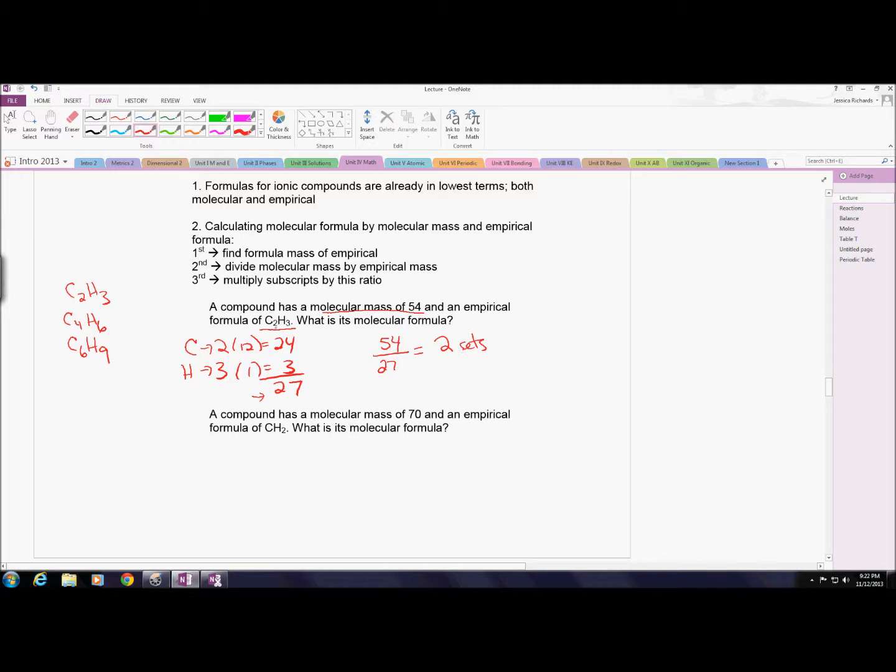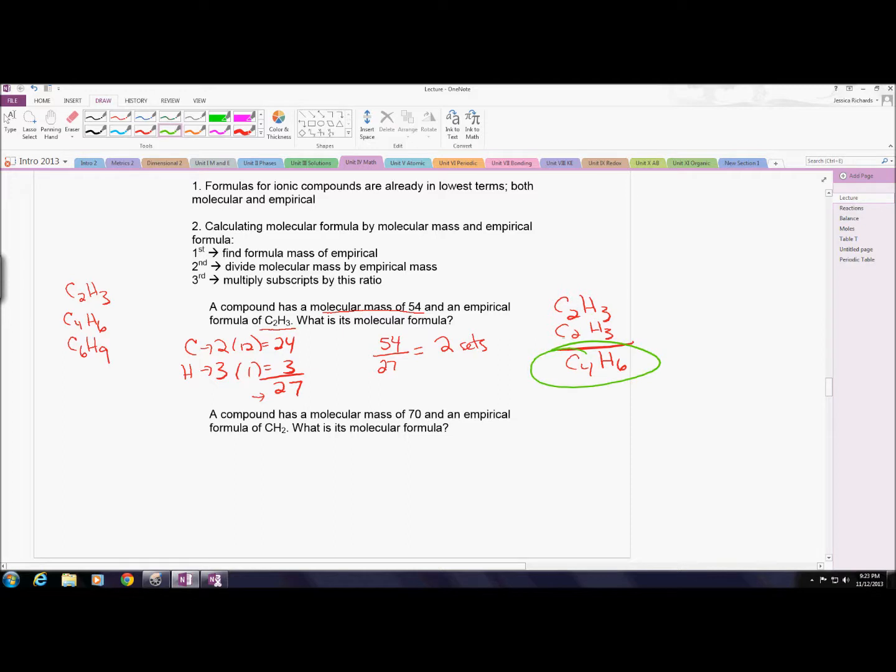This multiplies the ratios, because if I have 2 of these C2H3 units, so that I get a total mass of 54, C4H6 would be my molecular formula.